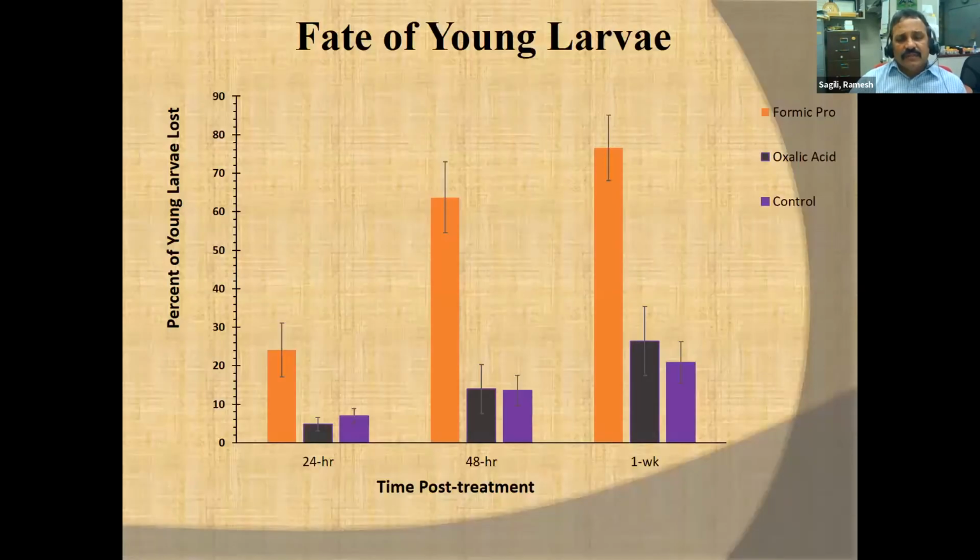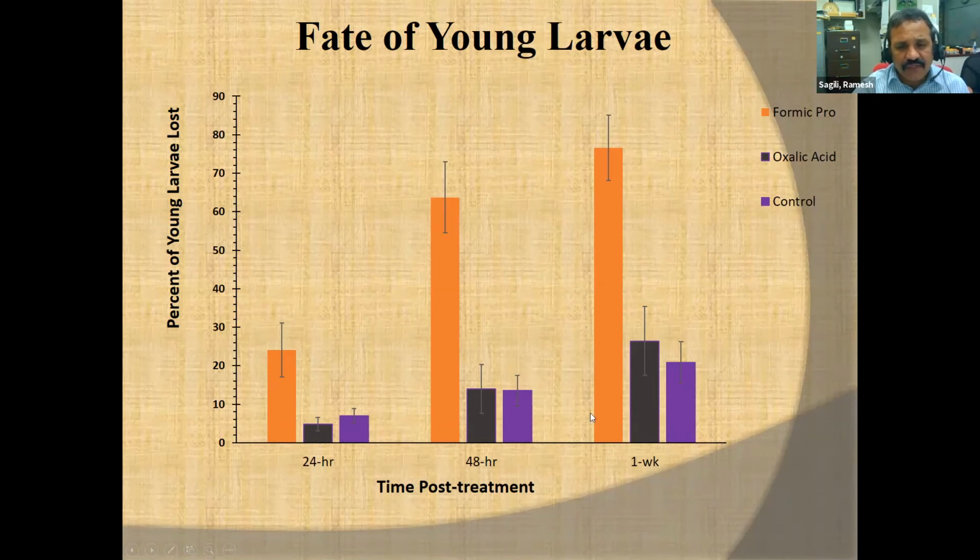Then we also looked at the young larvae, which are about 2 days old. You can see a similar trend here. With formic, there is significant damage. You can see these cells that were missing with these larval stages. About 25% were removed after the 24-hour period in the formic, whereas you didn't see a significant difference between the controls and the oxalic acid treatments.